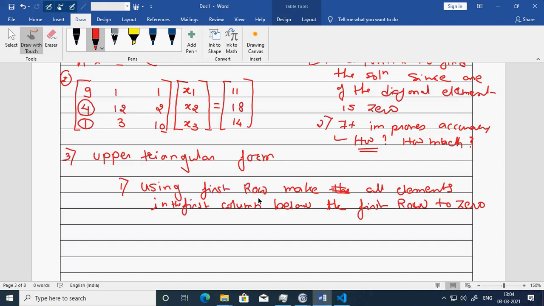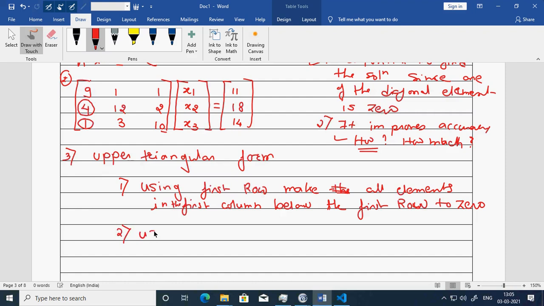Have you understood the first point? Using first row, make all the elements in the first column below the first row to 0. Its meaning is that 4 and 1, where they exist, I have to make 0. Have you got this meaning? Fine. Let's move on.